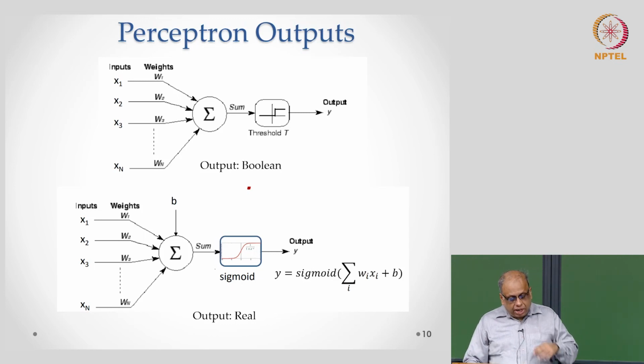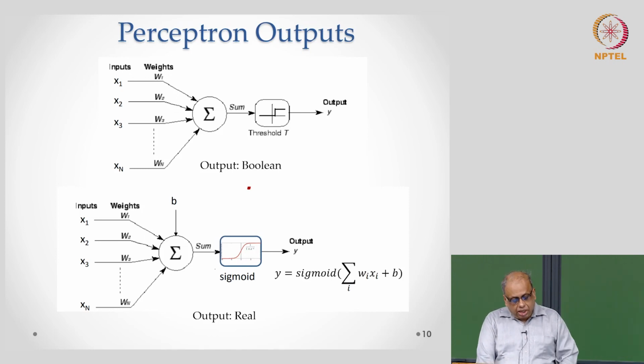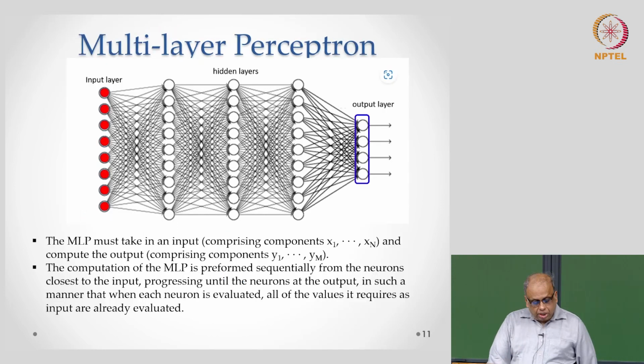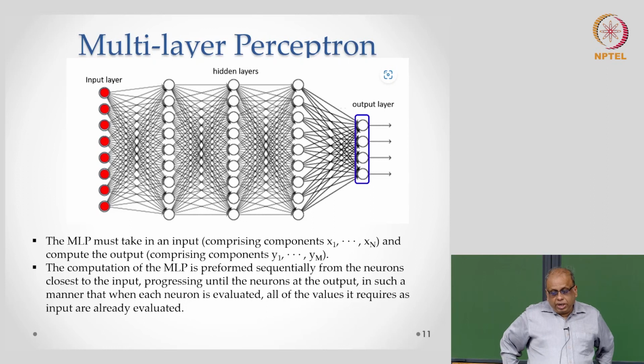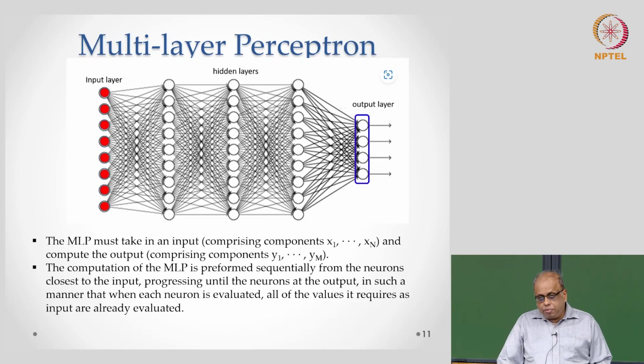So for some kinds of regression tasks, you can have a real output, and you can utilize a perceptron to do that.